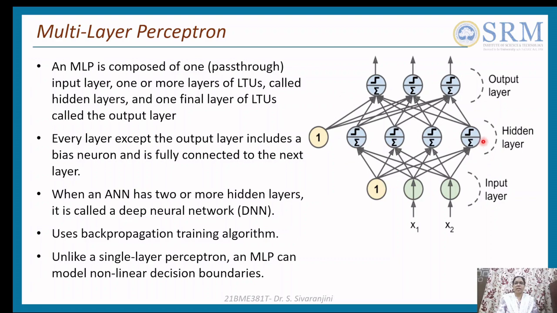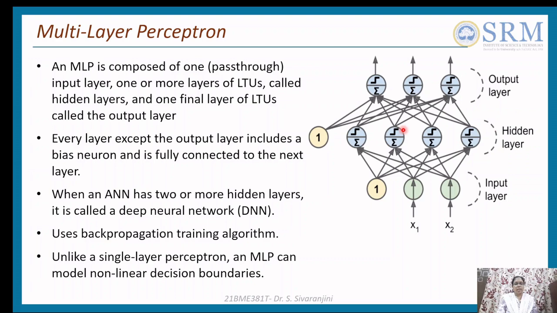One final layer is the output layer. Every layer except the output layer has a bias neuron. You can see a bias neuron here for a hidden layer and a bias neuron here for the next hidden layer, and then the output layer follows. Each layer is fully connected to the next layer too.